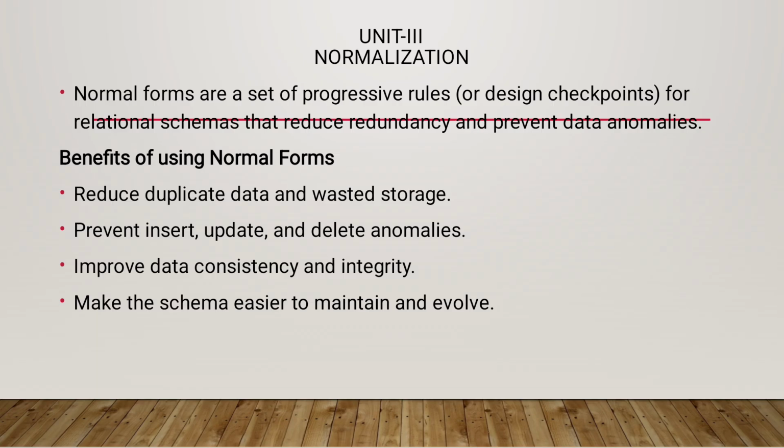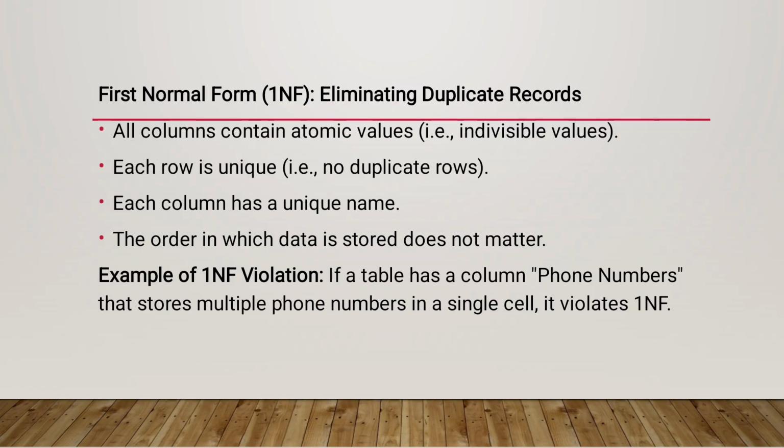Next, deleting means while deleting, if you have deleted any important data, it will reduce that anomaly, and it is very easy to maintain and evaluate. Next, in normalization, there are some types of normal forms.